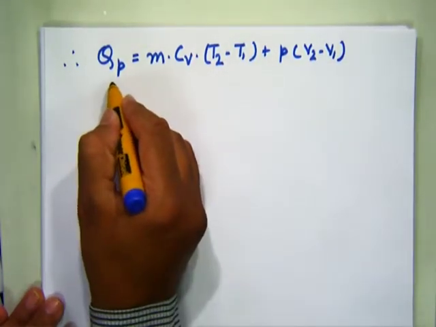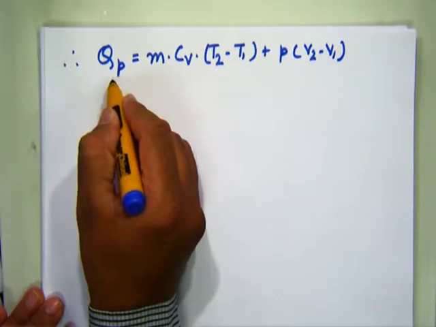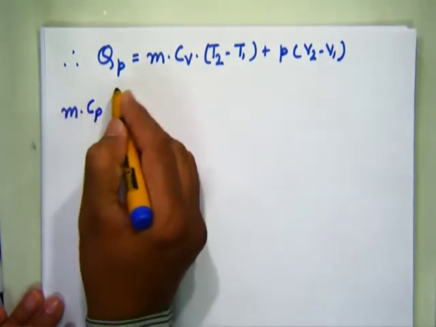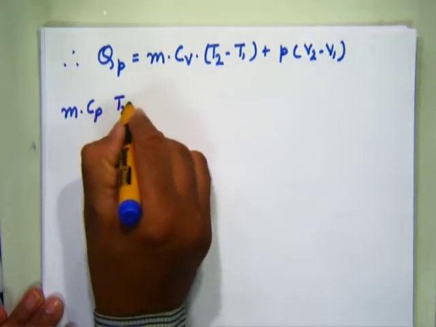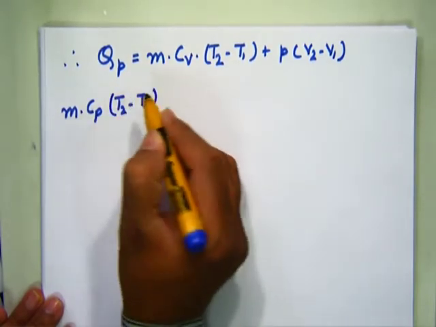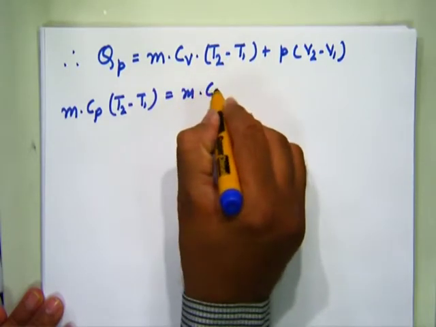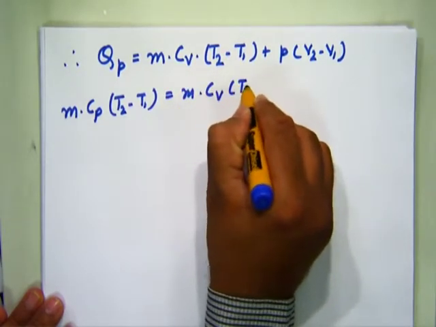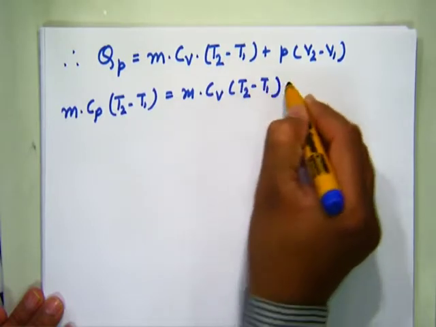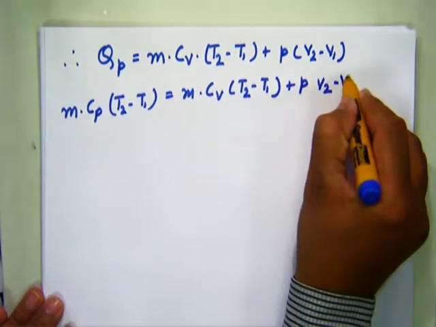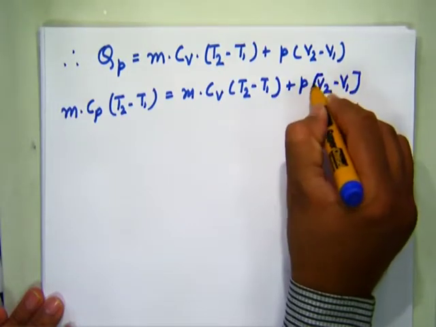As in our case, at constant pressure, Qp is equal to M into Cp T2 minus T1, which is equal to M into Cv T2 minus T1 plus P V2 minus V1.